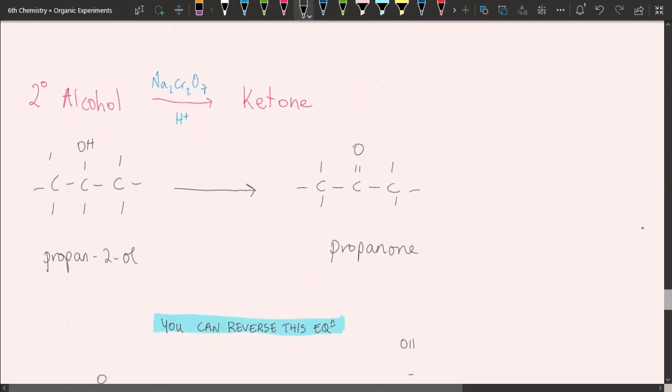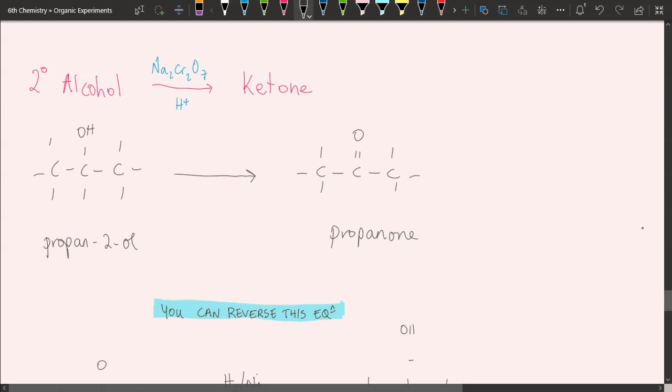If you move on to the secondary alcohol, the carbon that is bonded to the OH group is bonded to 2 other carbons. That's what makes it a secondary alcohol. In this case, we have propan-2-ol.